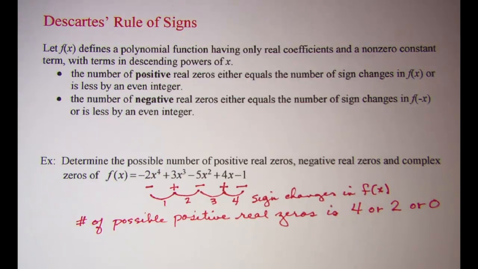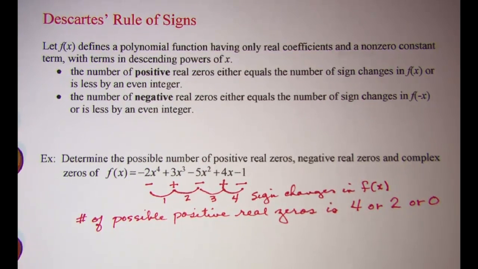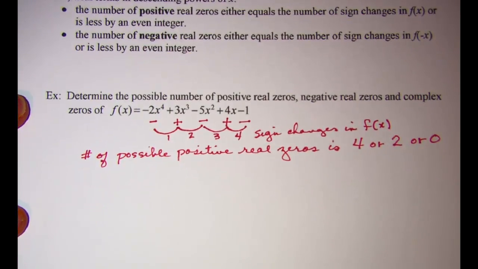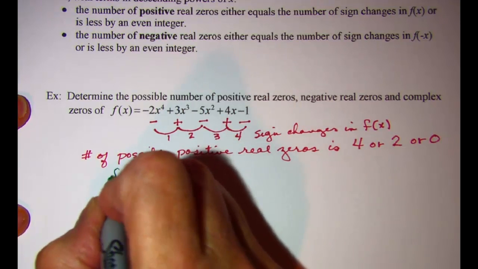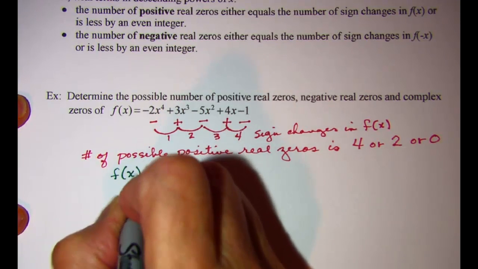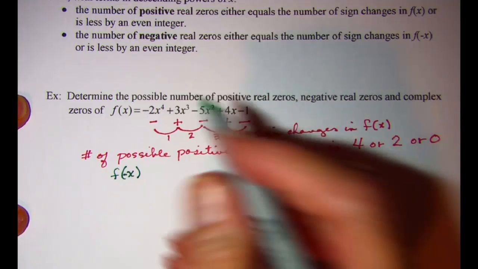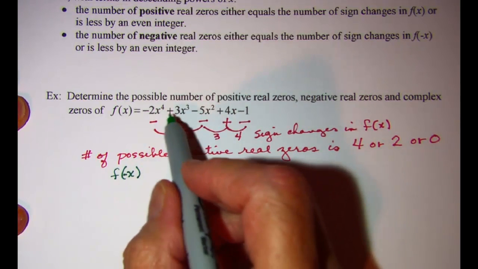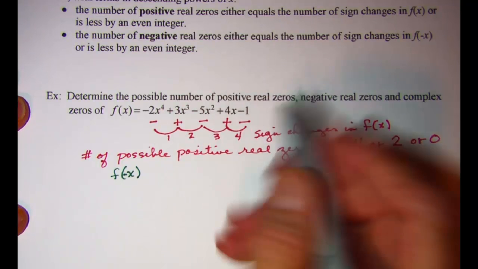Now, to determine the number of possible negative real zeros, we have to examine f of negative x. F of negative x, we can find by substituting negative x into our function every time we see an x.